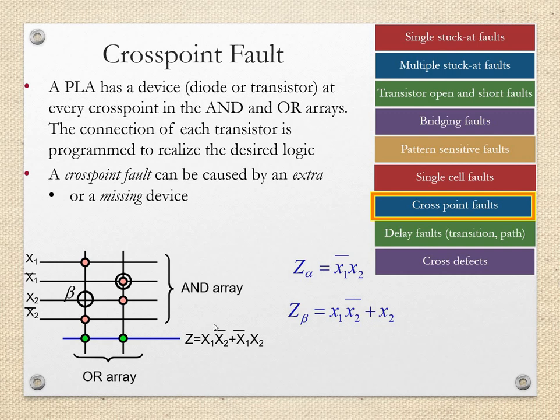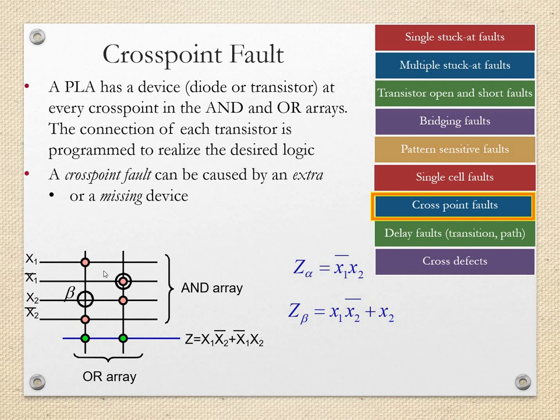Like we have here in this PLA, we have this AND array and then OR array. The AND array connections are shown with pink color, whereas OR array connections are shown with green color. So finally the output of this OR array will be x1 x2 bar or x1 bar x2. And for that, if you see the connections in the first column, they are shown with pink color.